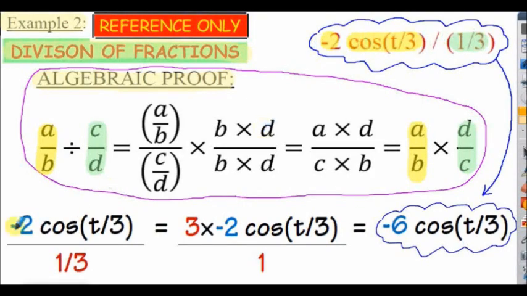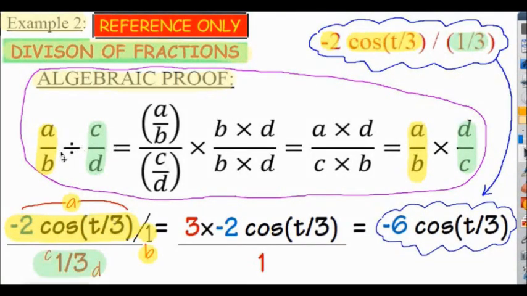If we write that now in two-line formatting, this would be the numerator, the -2 multiplied by the cos of t upon 3, and our denominator is 1 upon 3, a third. If we now apply the a, b, c, d formatting, our -2 cos t upon 3 is a, and that's effectively divided by 1 in this case, so that's the b, and the 1 upon 3 is the c and the d respectively.